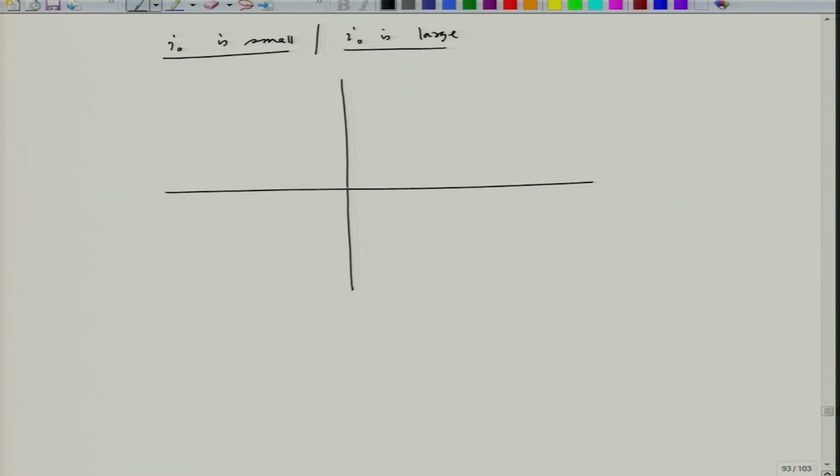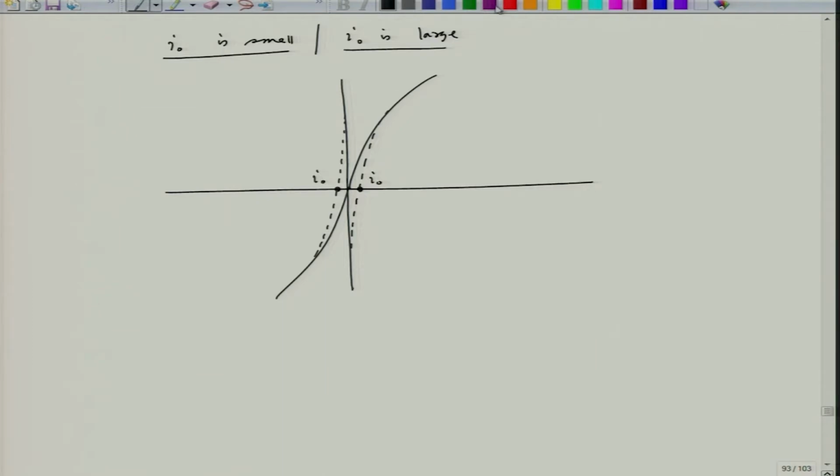In one case, I 0 is small, so the plot will be very steep, and this is I A, this is I C, and these points are the I 0 values.